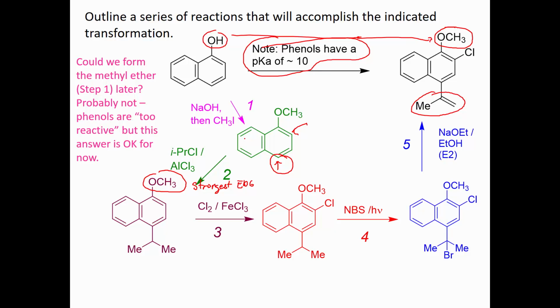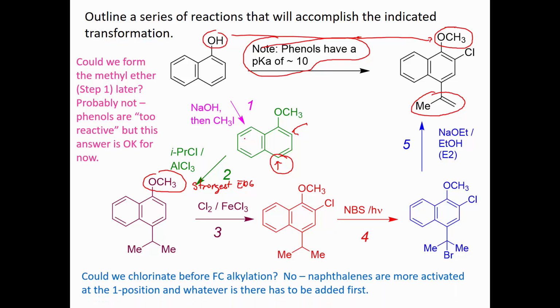What we're going to find out when we study phenols is that phenols are too activated, and it's hard to stop these electrophilic aromatic substitutions at just the addition of one entity, particularly a reaction like the Friedel-Crafts alkylation, where the product is more reactive than the starting material. So we would probably want to tone down the reactivity of the phenol early. That's a consideration that will be talked about much later in the class when we look at phenol specifically.